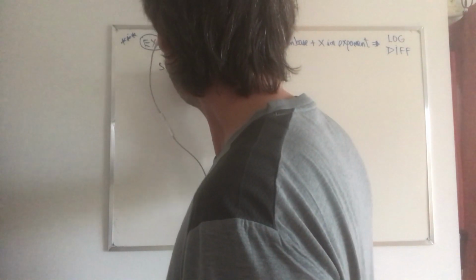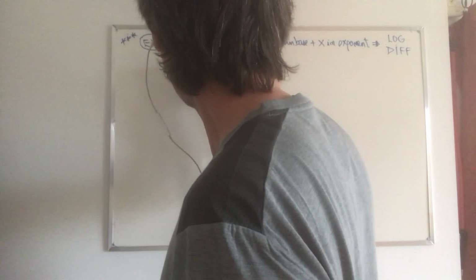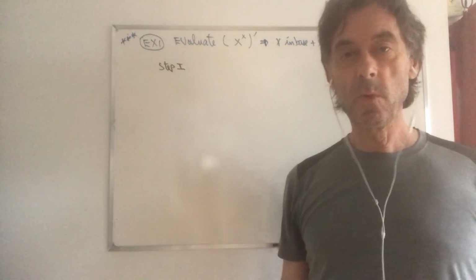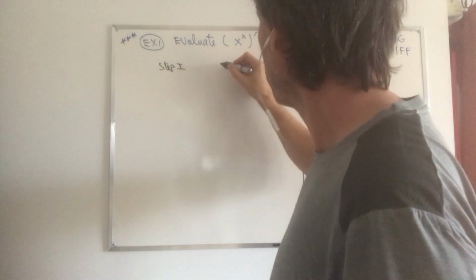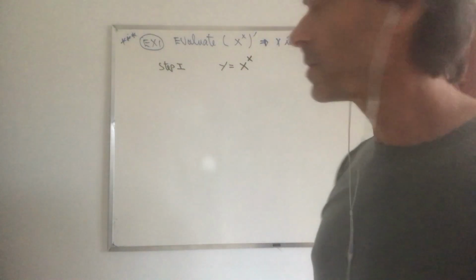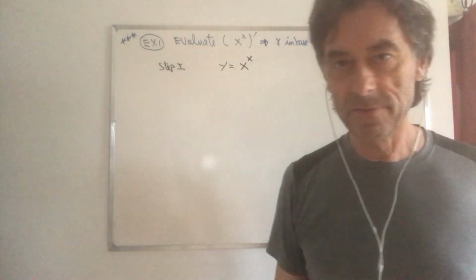So step 1. What is step 1 if we look back? Call it y. Call the function you want to derive y. So y equals x to the x. This is the function you want to derive.